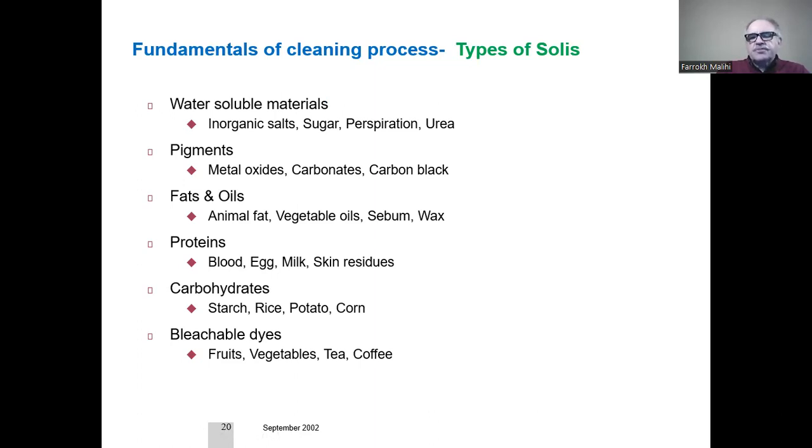And usually there is a mixture of these soils present on the fabric that needs to be removed. Each of these soils requires a different mechanism and ingredients for their removal.